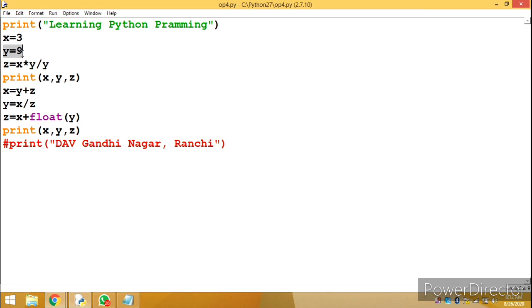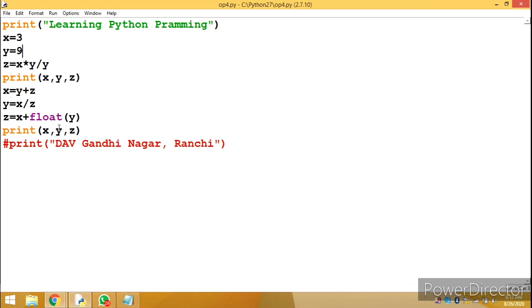Here the value of y we declared is an integer type, and now y is becoming a float type. So x plus y, the last value of x is 12, plus y is 4.0, which is 16. So the z value will be 16.0. Between integer and float, the higher priority goes to the float data type, so it will become floating type data over here.